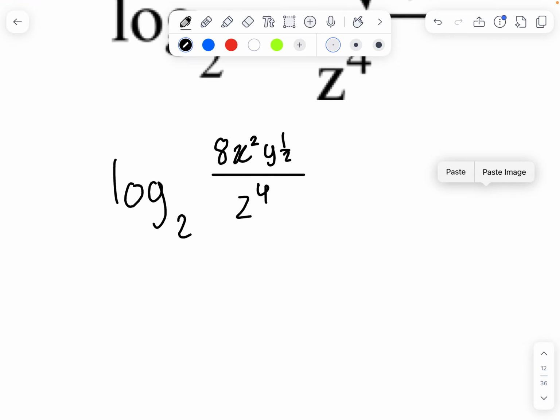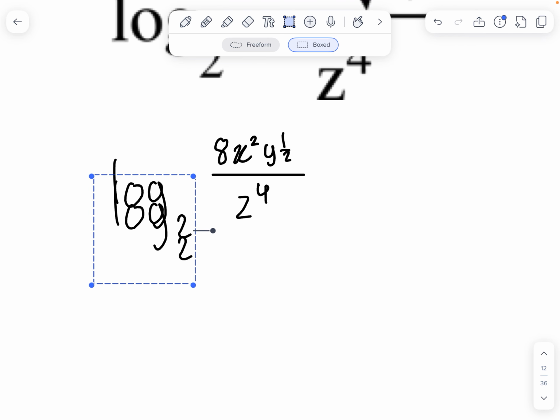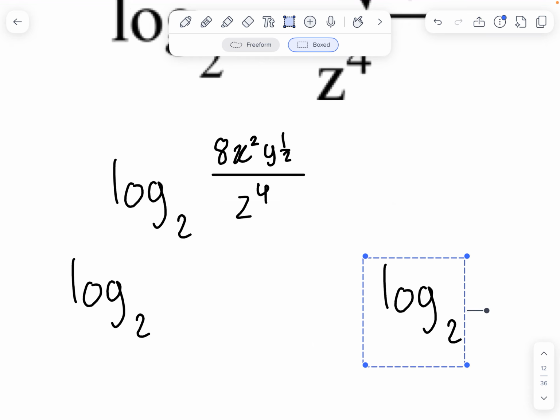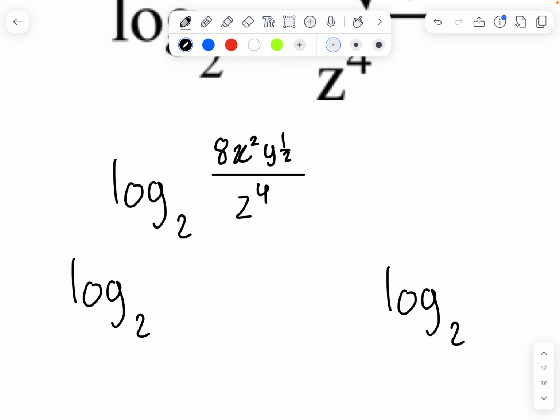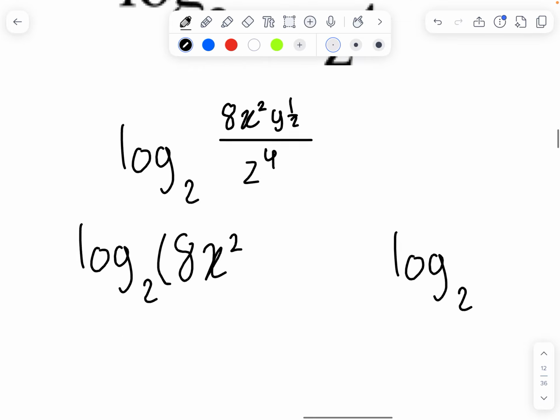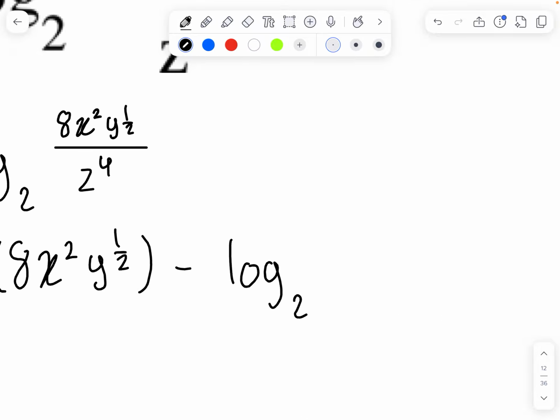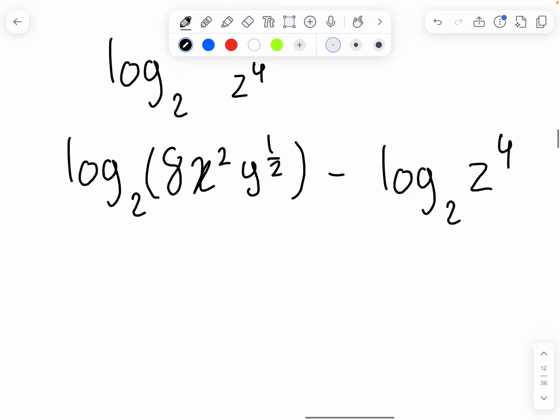First, we would have log base 2 of 8x squared times y to the power of 1/2 minus log base 2 of z to the power of 4.